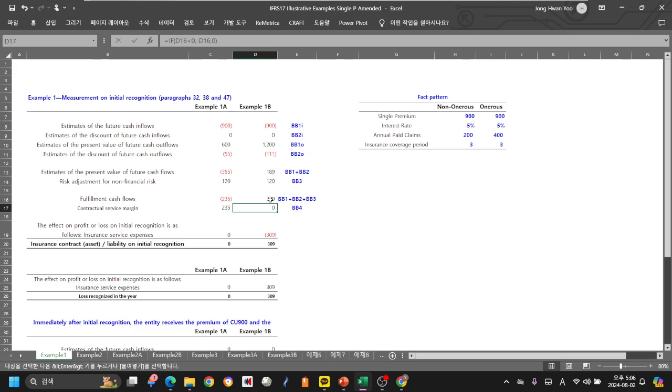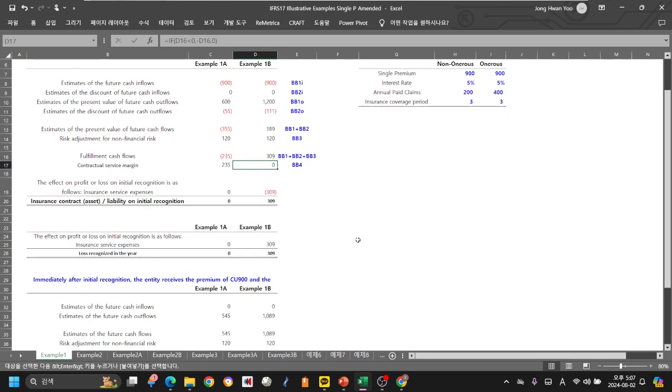So if we add those up, we have the number 309, and that's going to be the loss component. It should be recognized as a loss immediately, on the first reporting date, and then set up as a loss component in the LRC later on.